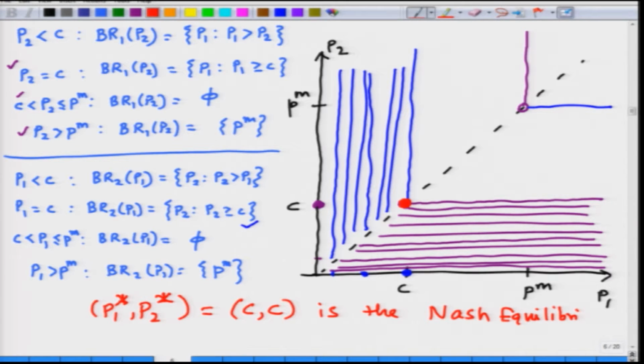Right. So, the surprising result is that when you have these two firms which are simultaneously choosing the prices, and their marginal cost is C, then the Bertrand-Nash equilibrium price essentially is each firm charging a price which is equal to the marginal cost, right.